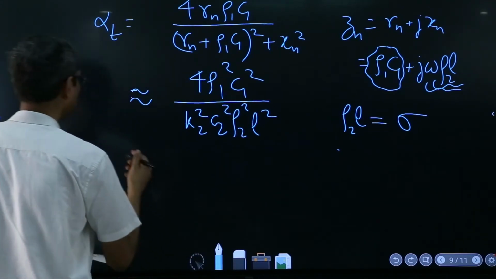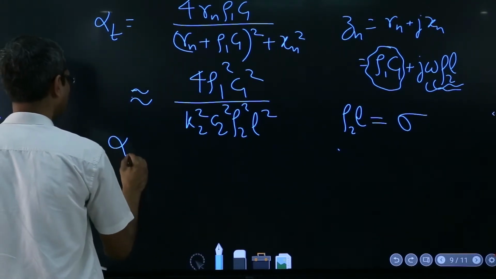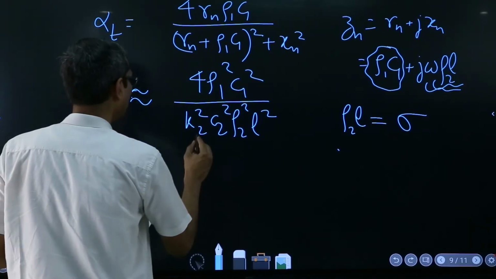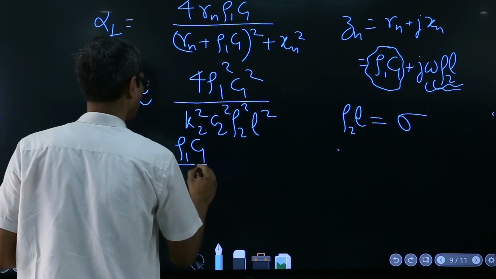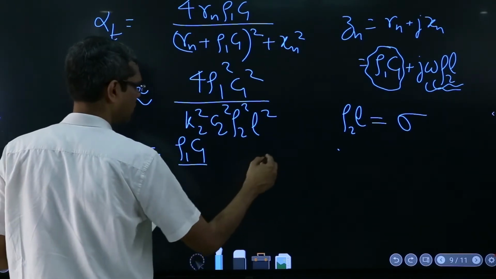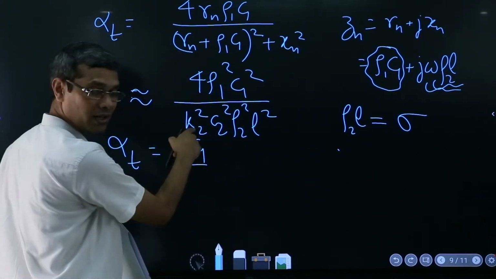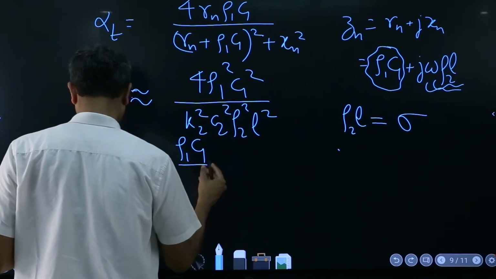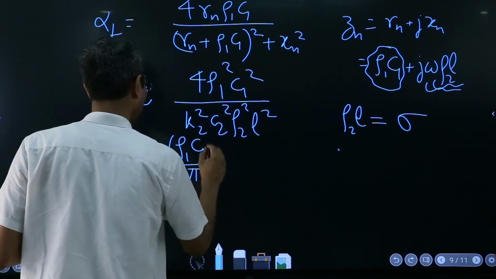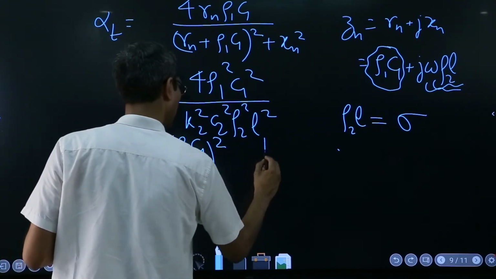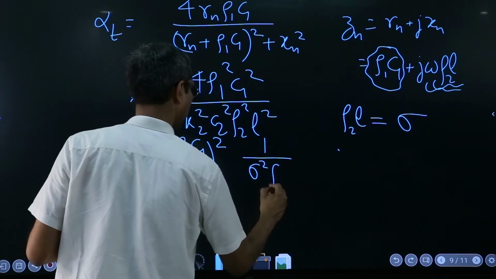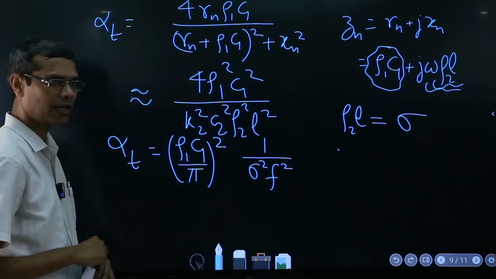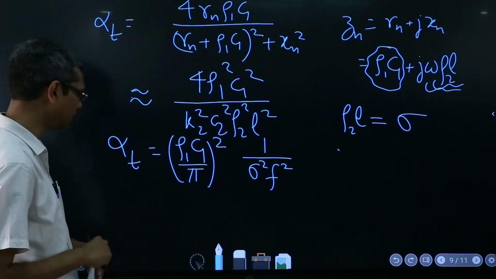And finally, this is generally written in this form. Because rho 1 C1 over, so this omega you can split with this k is 2 pi f over c, so those things will cancel out and you will get something like this over sigma square f square. Okay, this is the general form which is written.